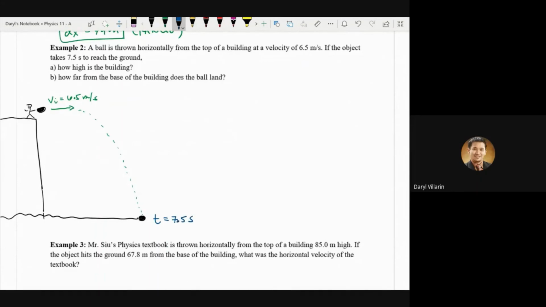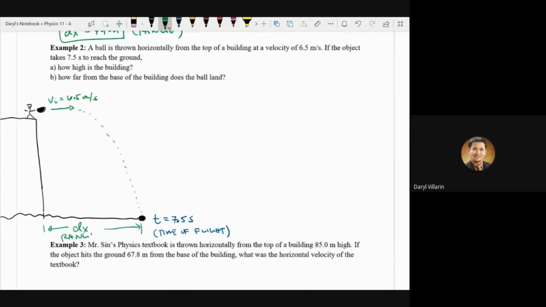This is the time of flight. And this is your dx here, or just the range.